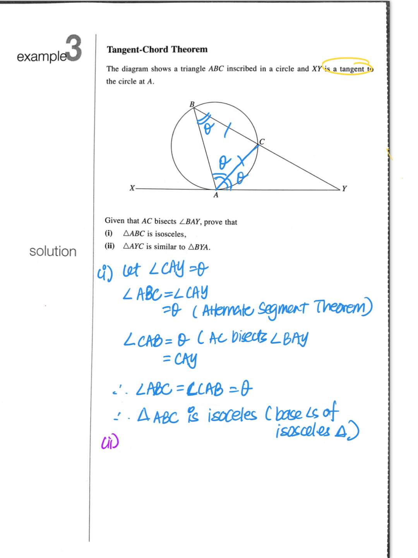Part 2. Triangle AYC is similar to triangle BYA. AYC is similar to BYA.